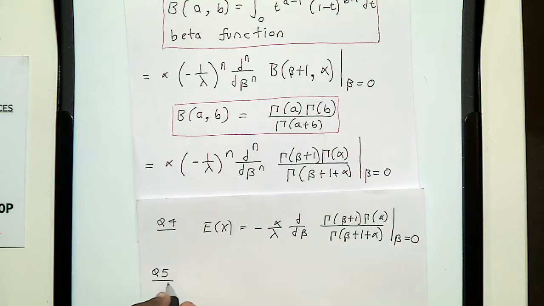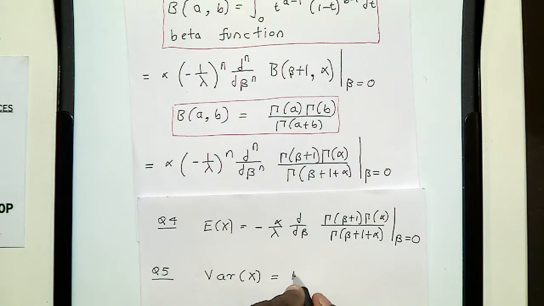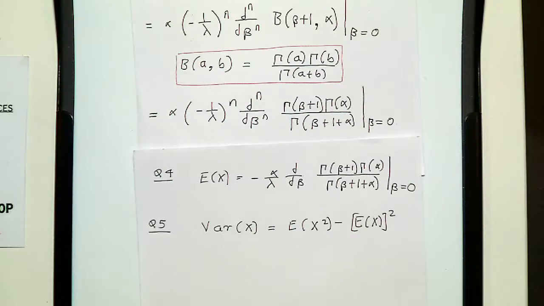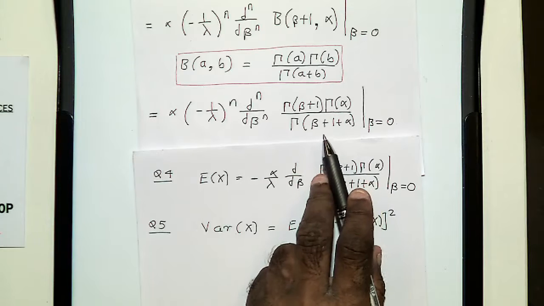Part 5 of sheet 4, you are asked to find the variance of x. Remember, the variance is the expectation of x power 2 minus the square of the expectation of x. Now to find the expectation of x power 2, you put n equal to 2 into this formula. You follow me?